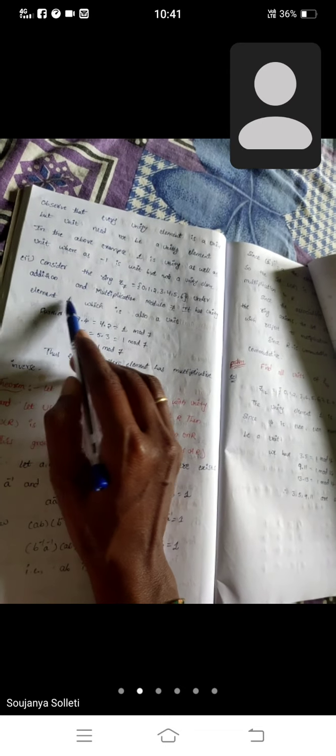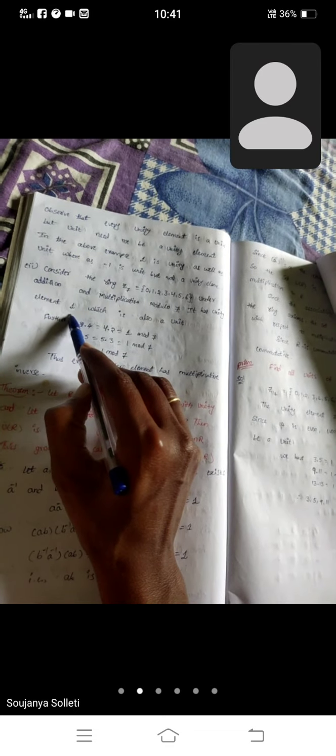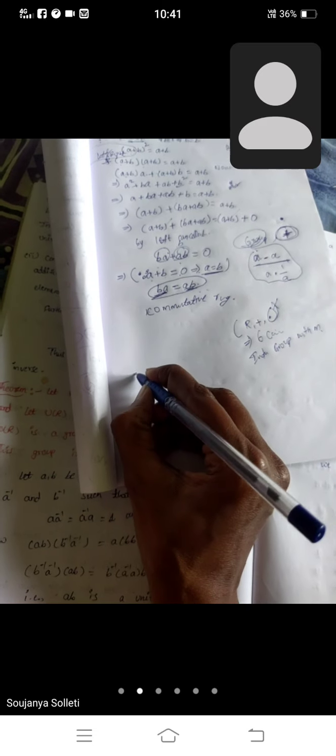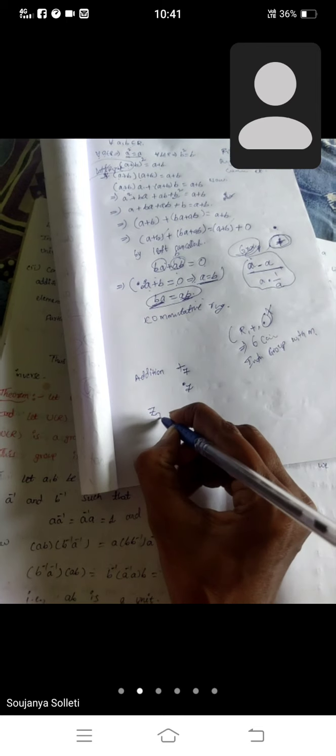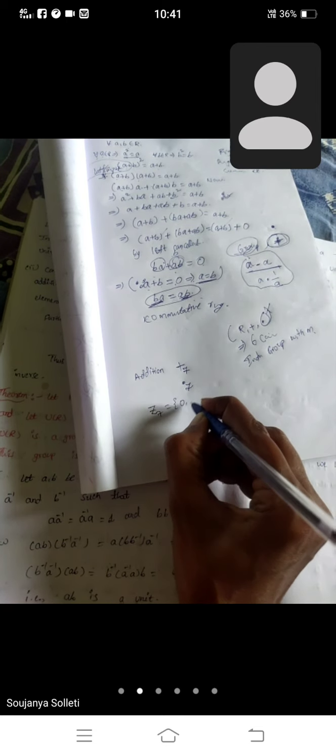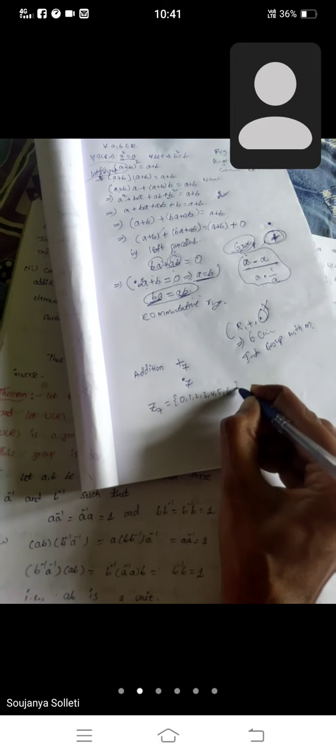It has the unity element, which is 1, which is also a unit. Here we have addition modulo n and multiplication modulo m. Z7 is nothing but 0 1 2 3 4 5 6.